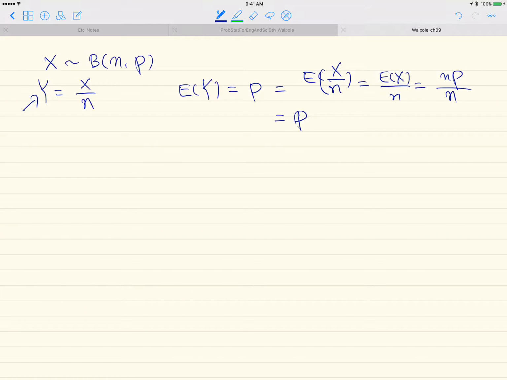Is this new random variable y a biased or unbiased estimator for p? Is it biased if n is small?